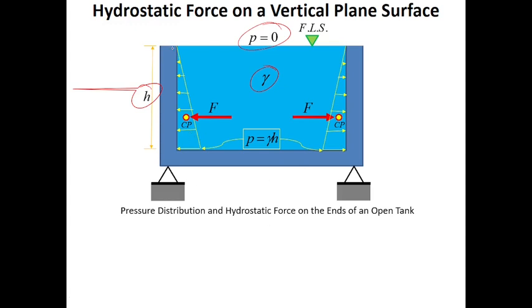Yung distribution of pressure ay hindi constant. The pressure intensifies as we go down. So, in this case, triangle yung kanyang form, yung pressure distribution natin. Yung kanina, uniform pressure, rectangular form. Dito, triangular form.